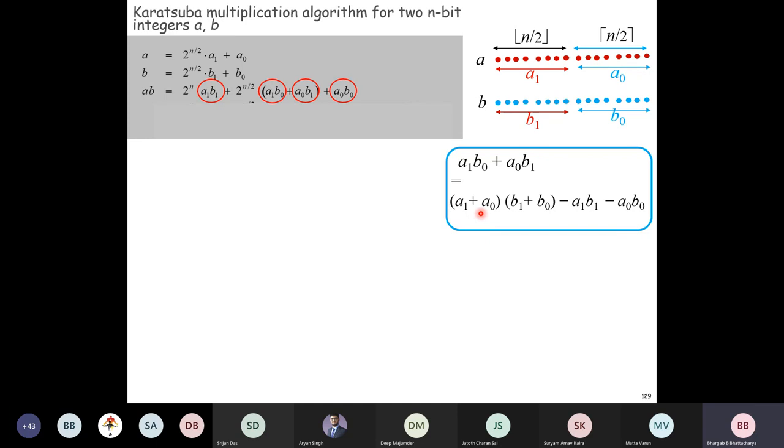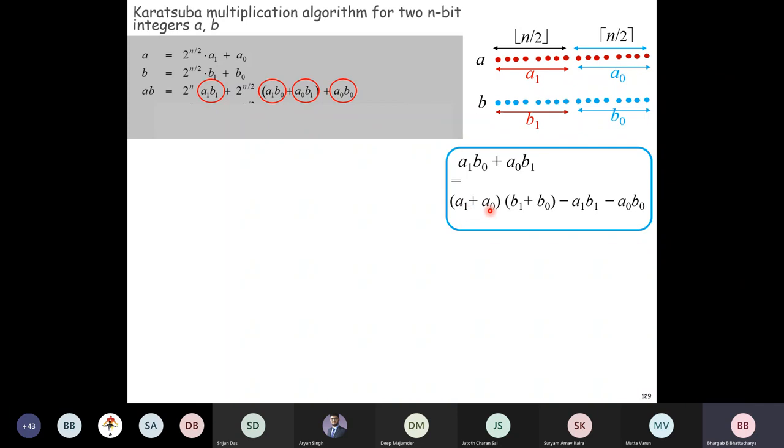The reason he did this expansion is the following. If you look at this term here, A1 B1 is already computed here, so there is a common term, which means you can reuse this product term. Similarly, A0 B0 is computed here, and you can reuse the value here.